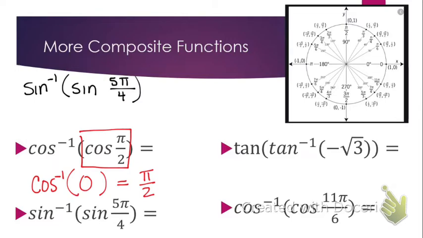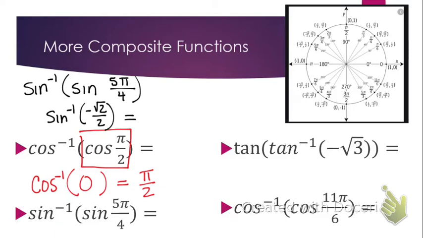Okay. So what is the sine of 5 pi over 4? Negative root 2 over 2. So now we need to find the inverse sine of negative root 2 over 2.